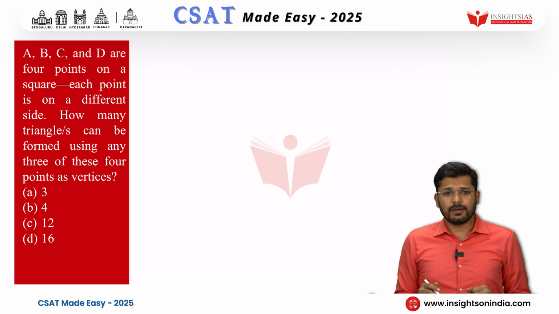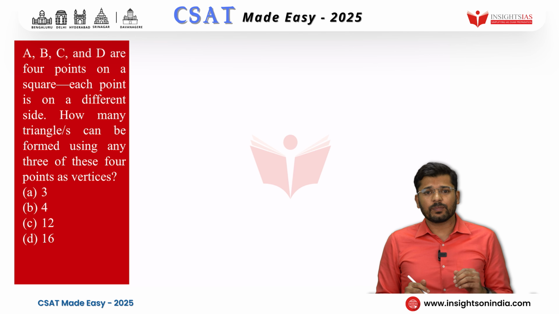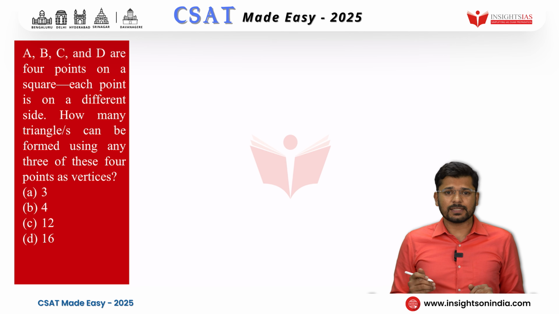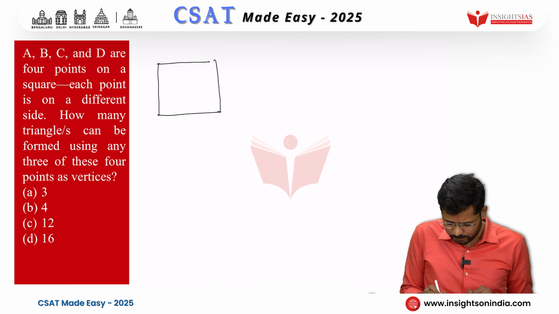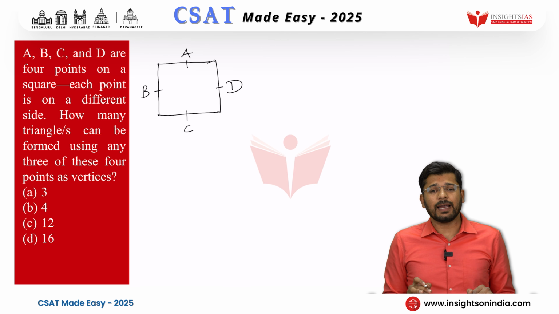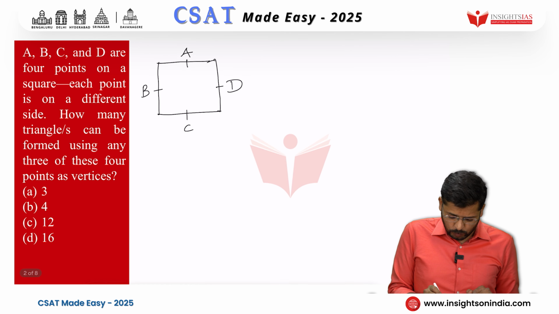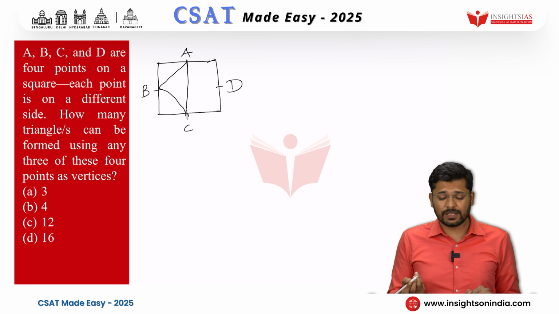Let's draw a square and understand what the question is actually asking us. This would be a square. Let this be A, this be B, and this C and this be D. And they want to form triangles using any 3 of the points.